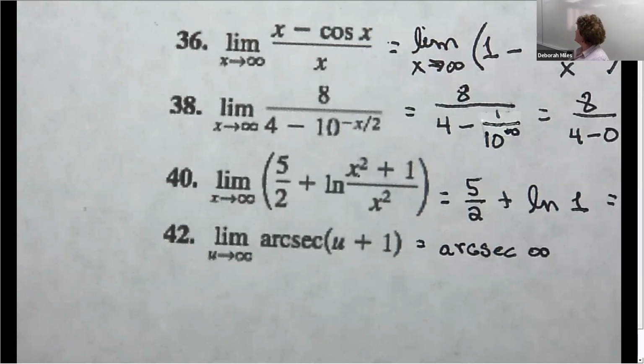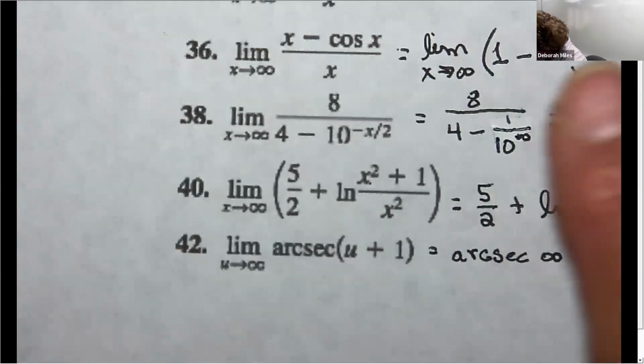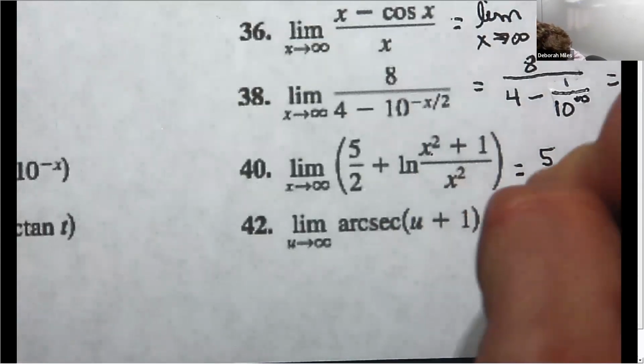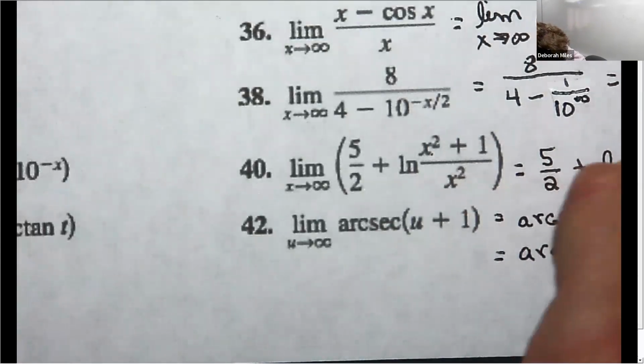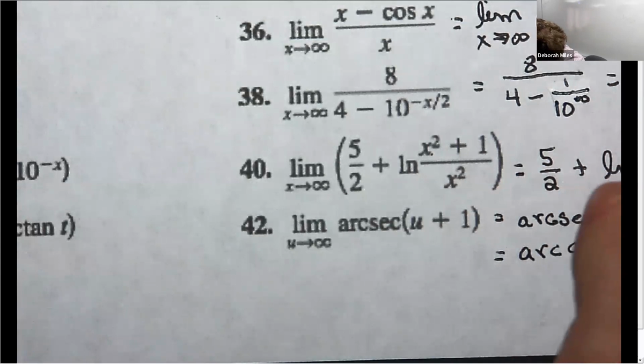How can I change that to arc cosine? Is it 1 over arc cosine? Right, the angle whose secant is infinity, its cosine is 1 over infinity.